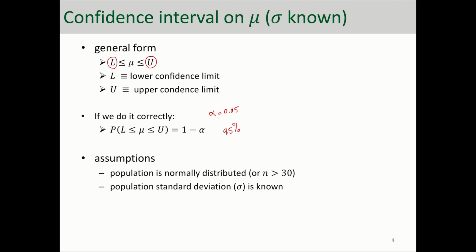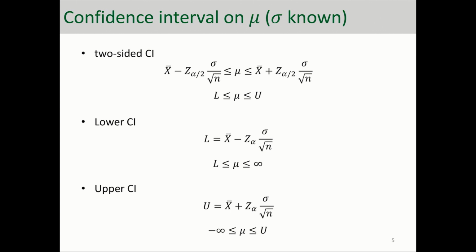Some of the assumptions that we have here is that the population is normally distributed, or our sample size is greater than 30, and the population standard deviation, sigma, is known. So how do we calculate this L and U? Well, when you have a two-sided test, basically when you have the alternative hypothesis that mu is not equal to some number, mu naught, the way that you calculate L and U is here in this formula.